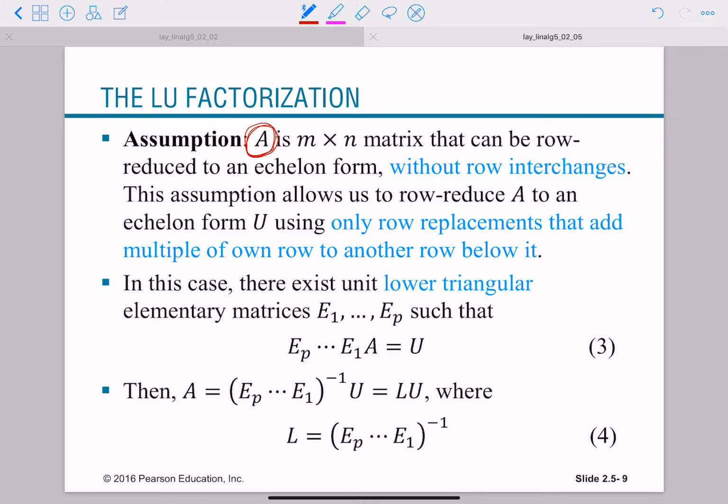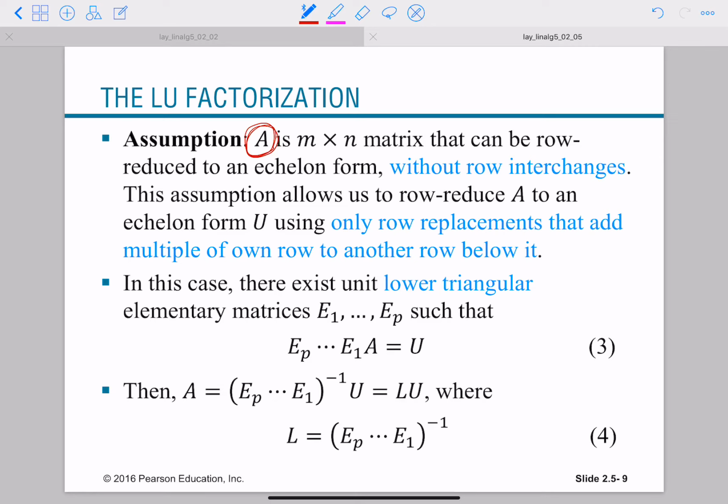Again, in terms of the different types of row operations, we have three types: row interchanges, scaling, and row replacement, right? Now we only allow row replacement, but not row interchanges or row scaling.